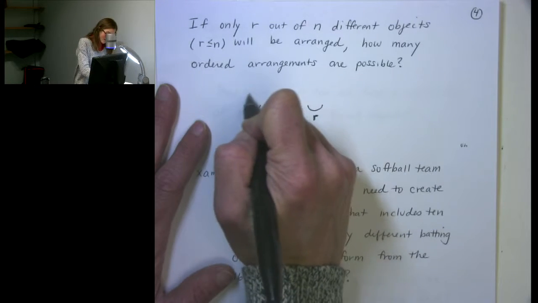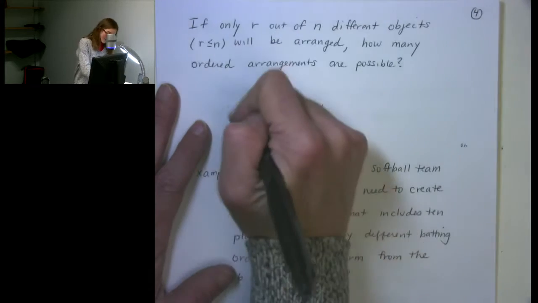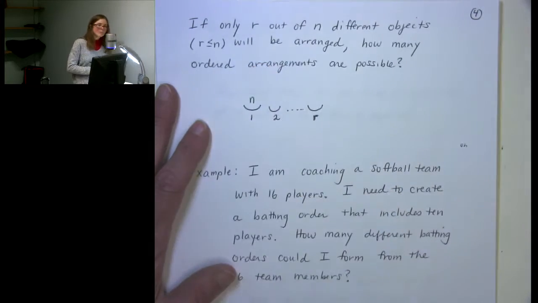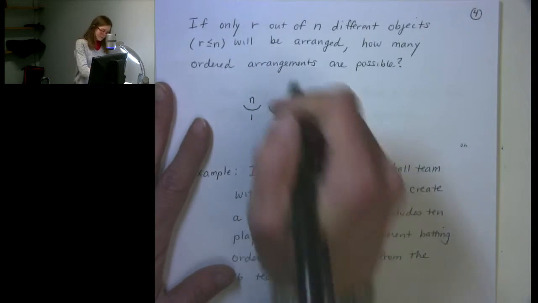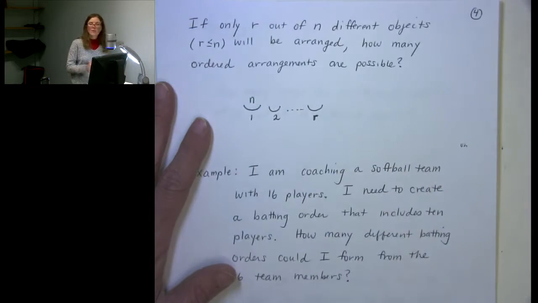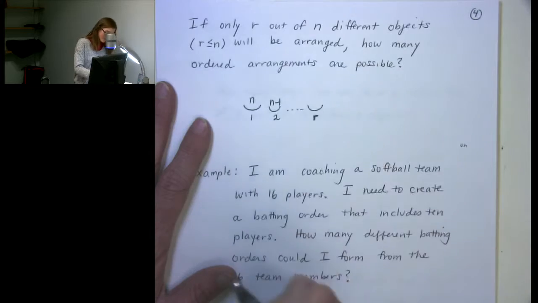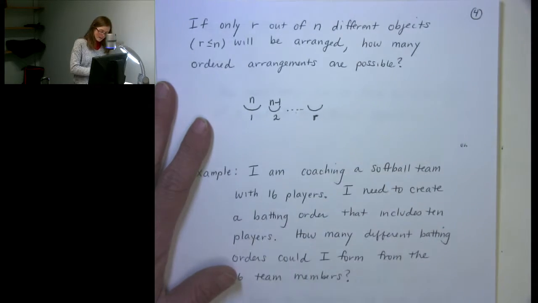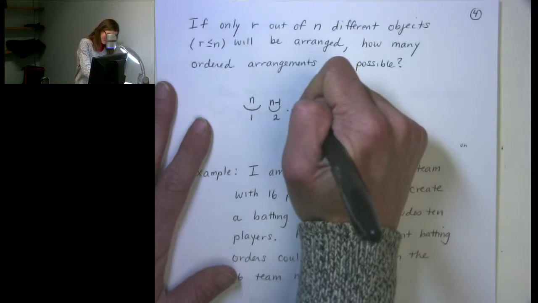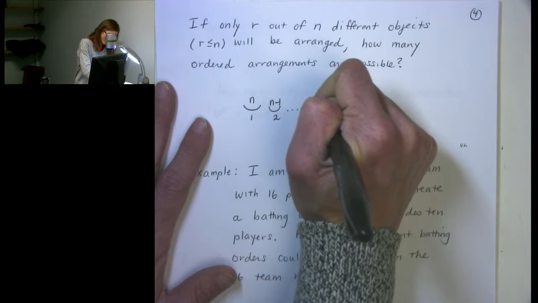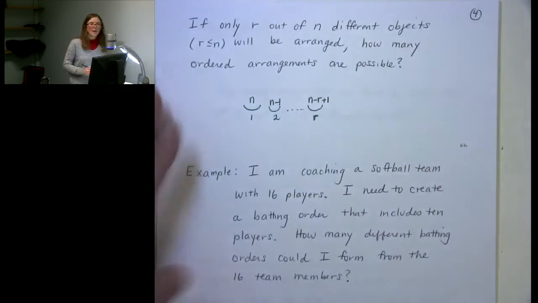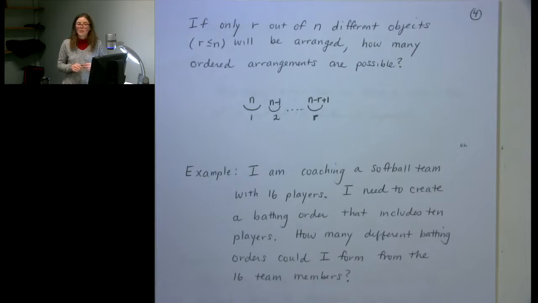I have n objects that I could choose from for the first slot. So there are n possible ways that I could fill that slot. When I get to the second slot, I've already used up one of my n objects, so I've got n minus 1 left, and so on. When I get down to the rth object, I've got n minus r plus 1 objects left that I could potentially choose from for that spot.